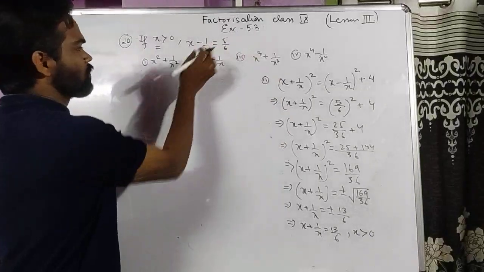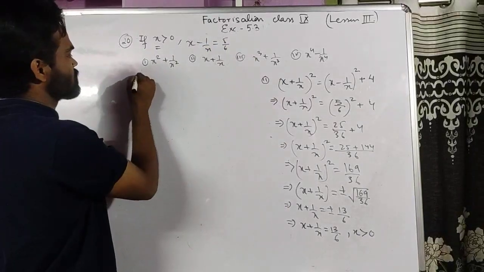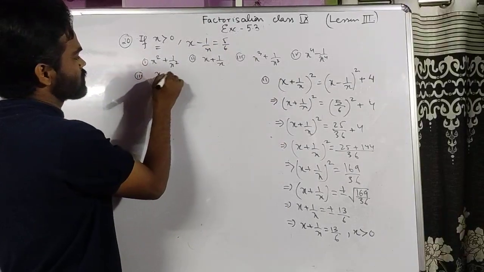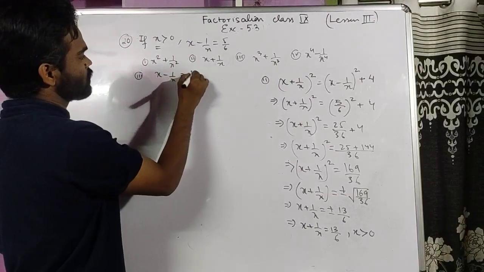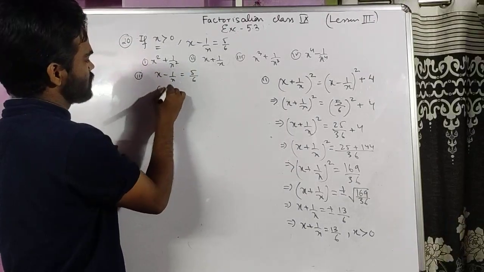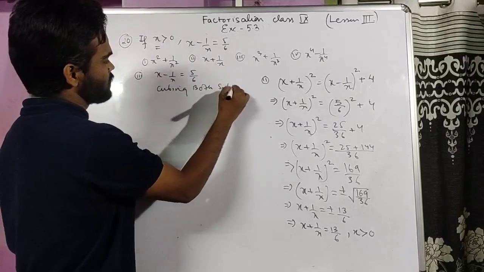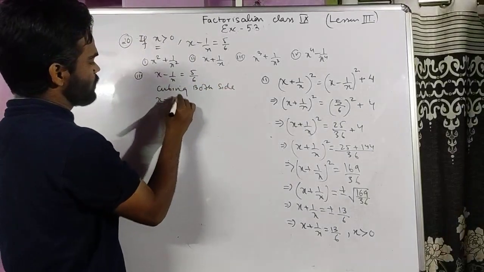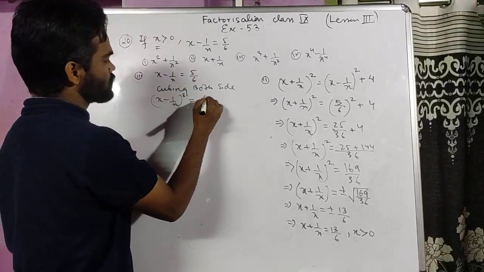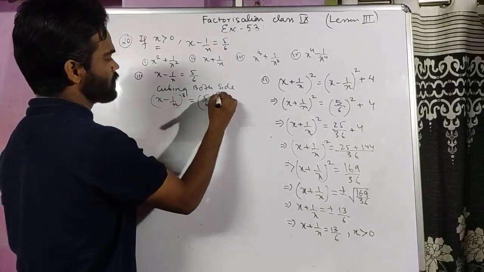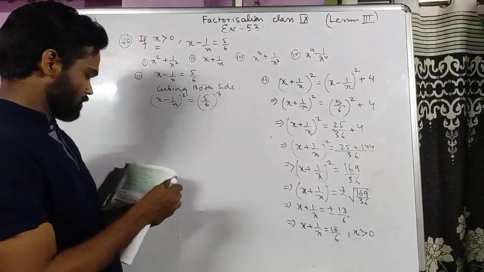Again cube, so cubing both sides will give us the answer. X minus 1 by x equals 5 by 6. Cubing both sides, so x minus 1 by x whole cube equals 5 by 6 whole cube.